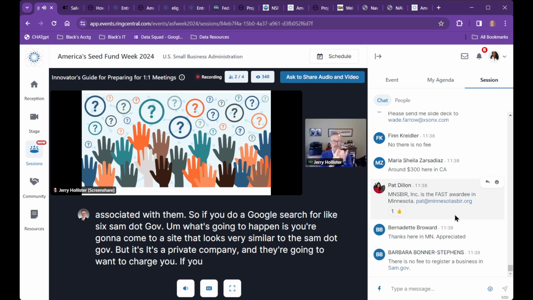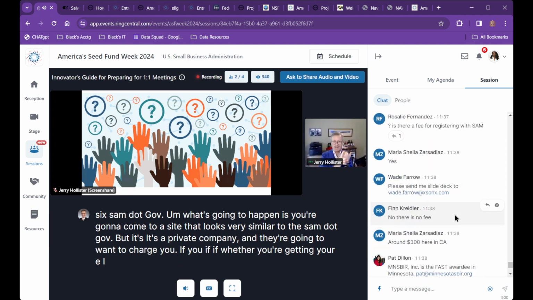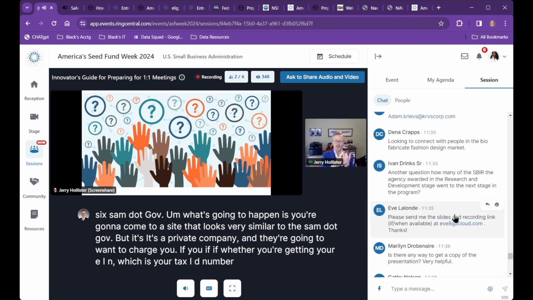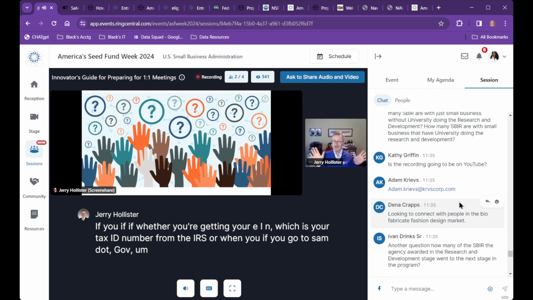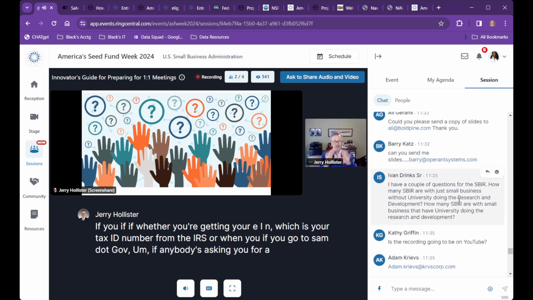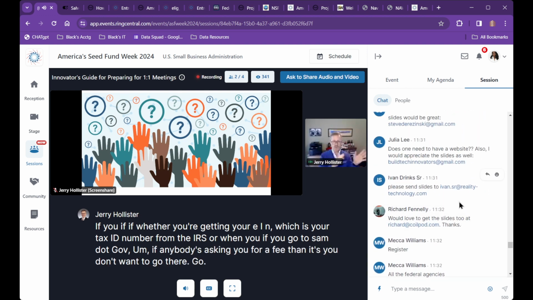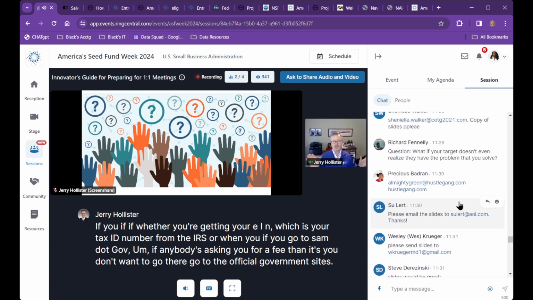Whether you're getting your EIN, which is your tax ID number from the IRS, or you go to sam.gov, if anybody's asking you for a fee, then you don't want to go there. Go to the official government sites. There are no fees associated with it.